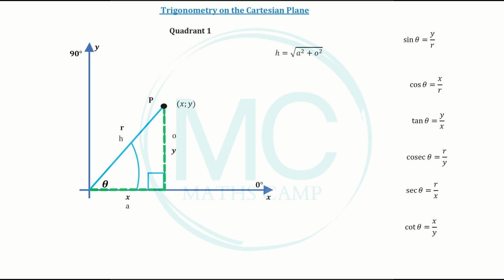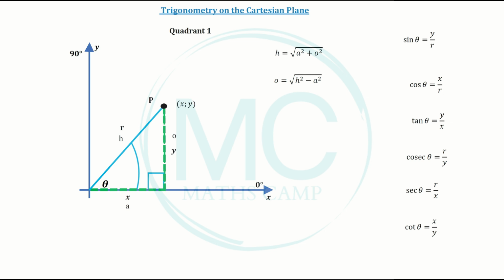We also learned that if we have the length of the hypotenuse, we can find an unknown side, such as the opposite side. So for example, we can say O is equal to the hypotenuse squared minus the length of the adjacent side squared, all under a square root.